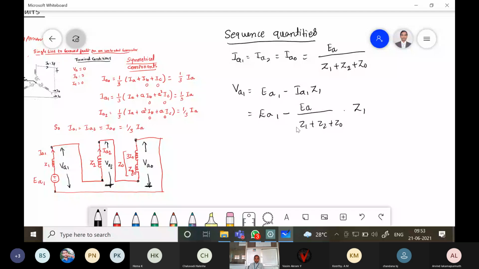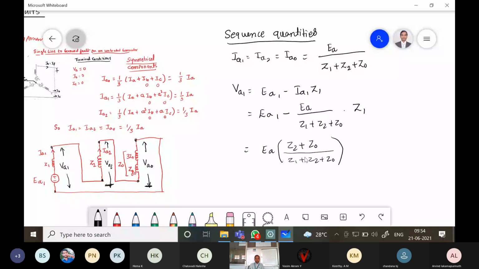So EA1 into Z1 plus Z2 plus Z0, and EA1 into Z1 remains. After simplifying this, you will get EA into Z2 plus Z0, as Z1 cancels. The remaining terms are Z2 plus Z0 divided by Z1 plus Z2 plus Z0.